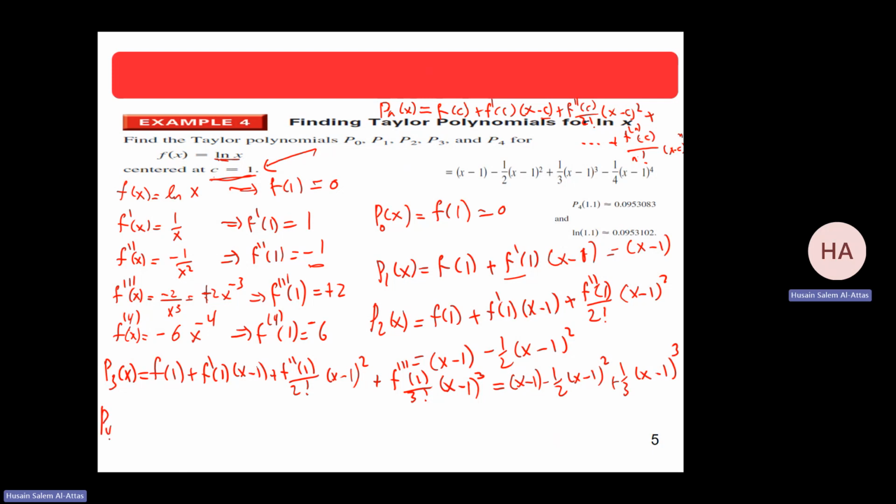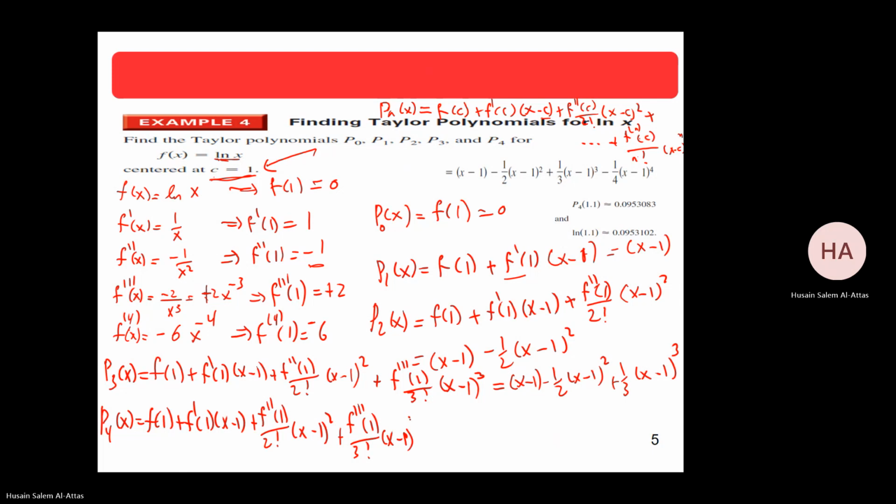The fourth polynomial will be f of 1 plus f prime at 1 x minus 1 plus f double prime at 1 over 2 factorial x minus 1 squared plus the third derivative at 1 plus the fourth derivative at 1. So the same thing as this one.